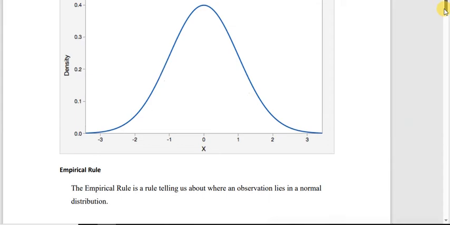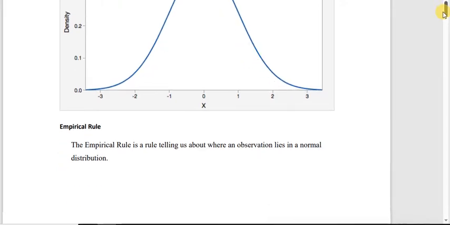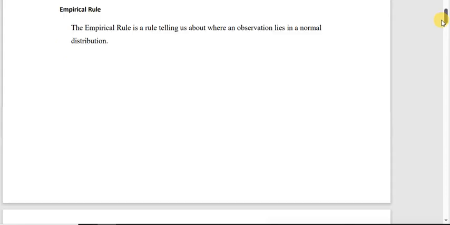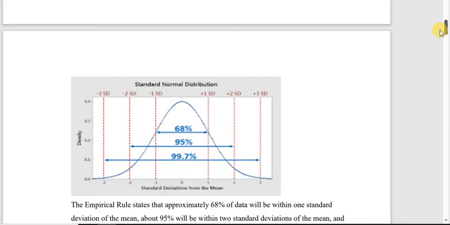So the first aspect in the normal probability distribution is the empirical rule. The empirical rule tells us where an observation lies in a normal distribution. It is about the distribution of observations around the mean.